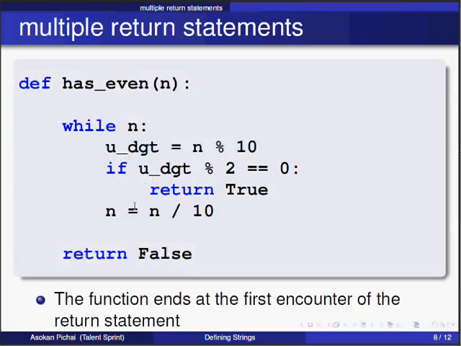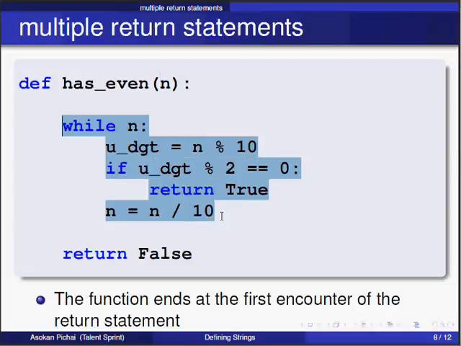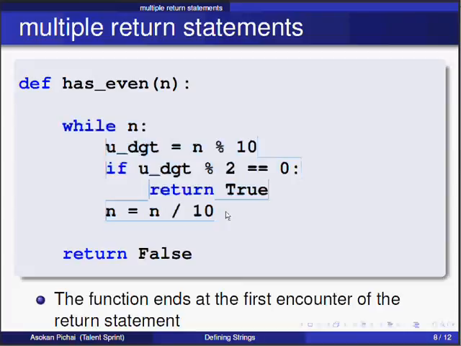The function can be written as follows. We take the number as argument and then we write a while loop which iterates over each digit in the number. And the moment we encounter an even digit, we use a return statement.